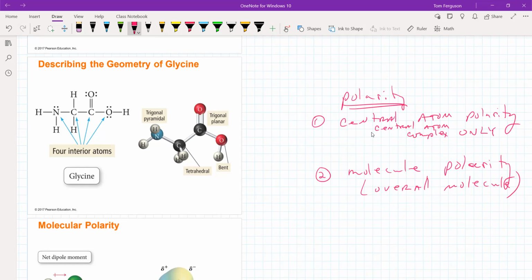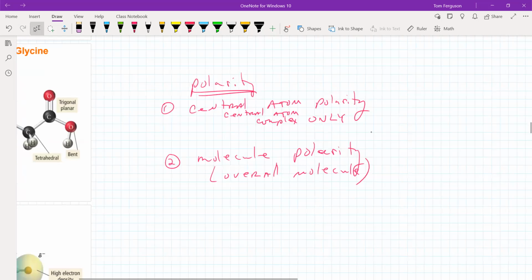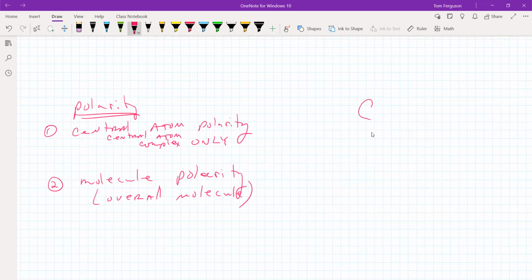All right. So we've talked about the polarity of carbon dioxide.